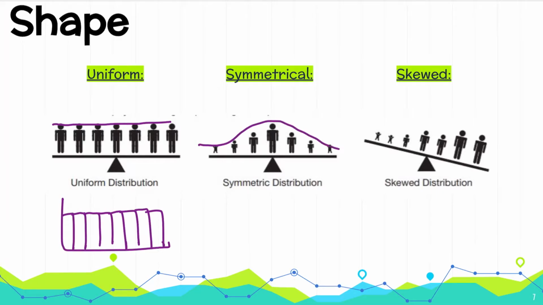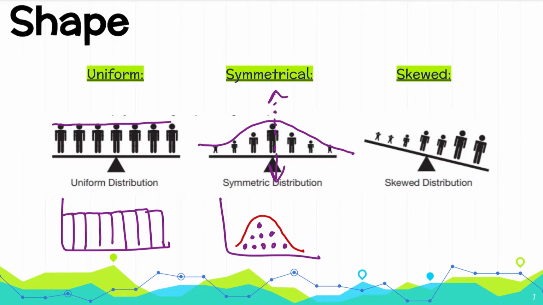Symmetrical means that if I drew over it, it would have almost a line of symmetry. So if I'm looking at a dot plot, that'd be something that would look along the lines of this. So I can trace the top of my data, and it should be symmetrical.